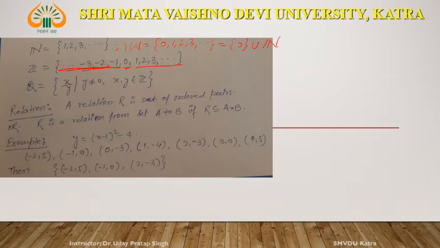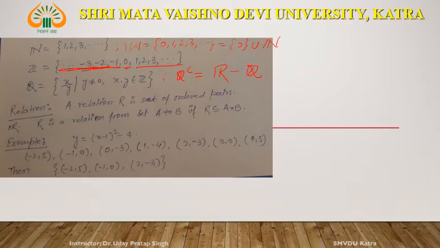And what is a rational number? A number of the form x by y, where y does not equal 0 and x, y are integers, is known as a rational number. What is Q complement? Q complement is R minus Q, the real numbers which are not rational, meaning irrational numbers. Right?